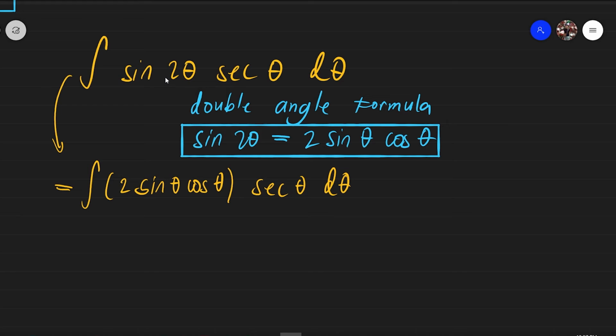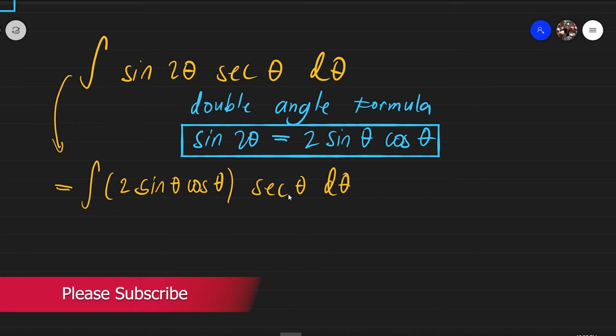Now in the new function, as you can see, the arguments of all the trigonometric functions are the same. So you have solved the problem where the arguments are not the same. Okay, so we will try to simplify this function.